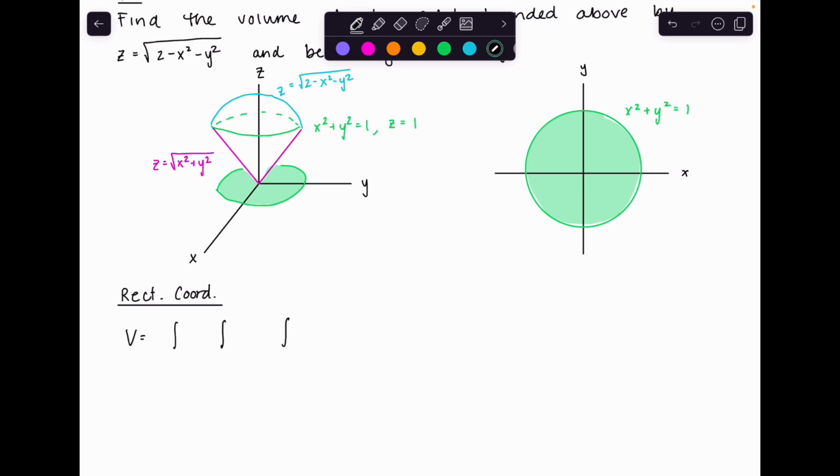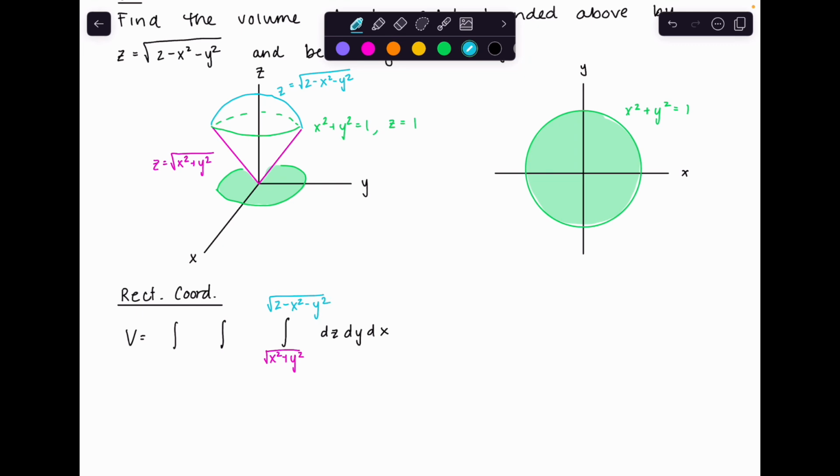Give lots of space, and we'll do dz, dy, dx. Our z is going to start at the cone and go up to the sphere. So the z bounds start at the square root of x squared plus y squared, and they go to the top of the sphere, 2 minus x squared minus y squared under a square root.